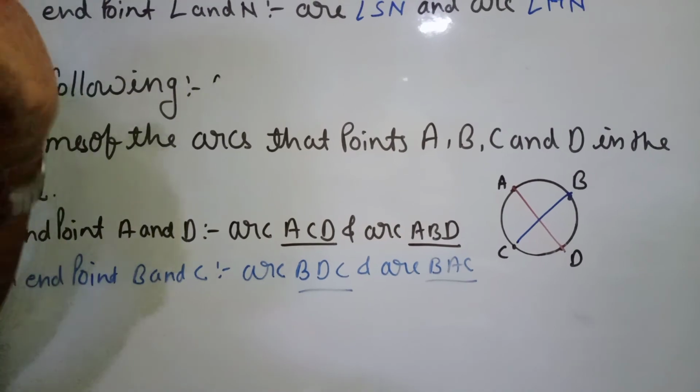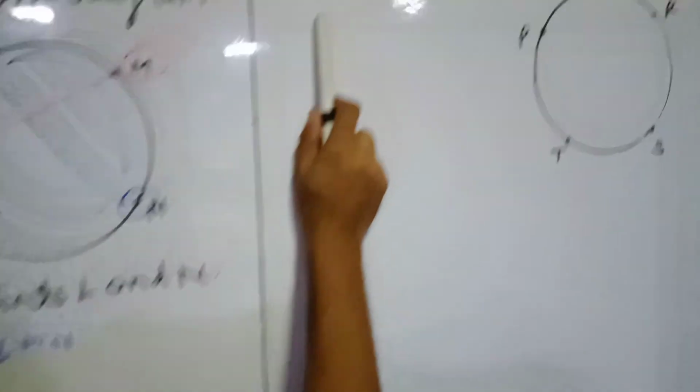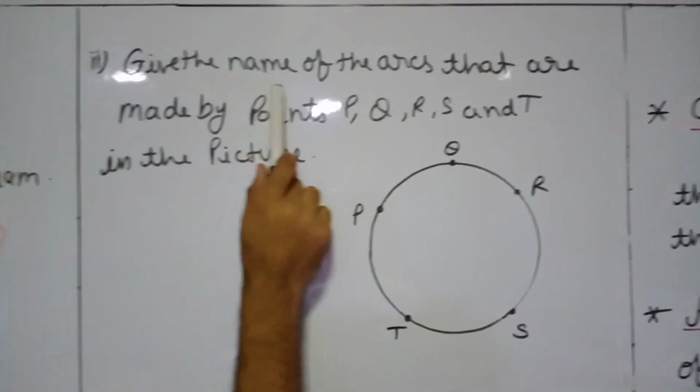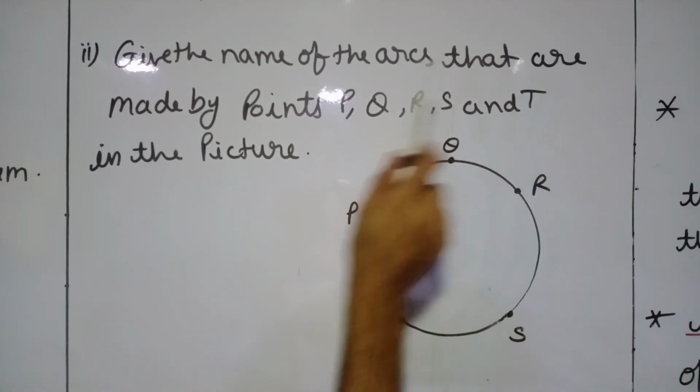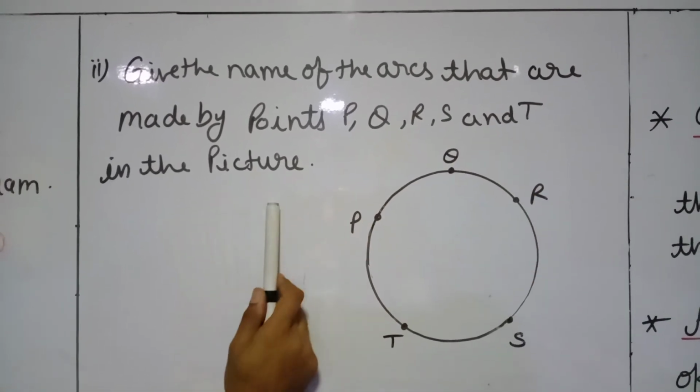Now we have the next sum, the second one. Question number 2. Give the name of the arcs that are made by points P, Q, R, S and T in the picture.